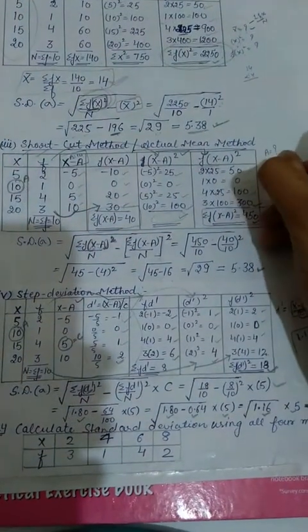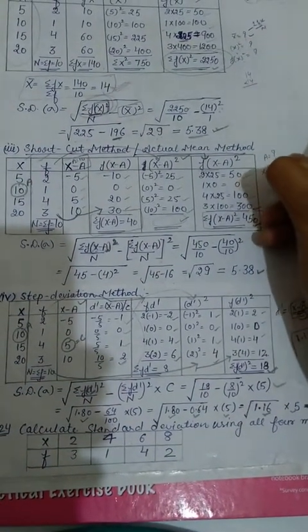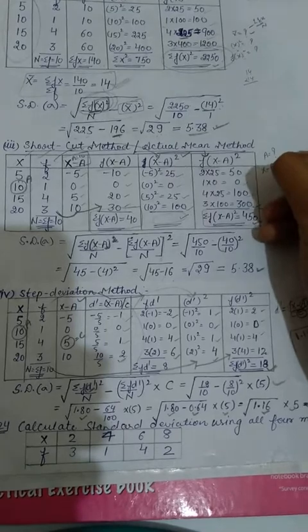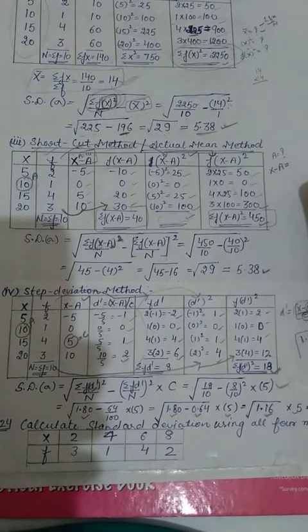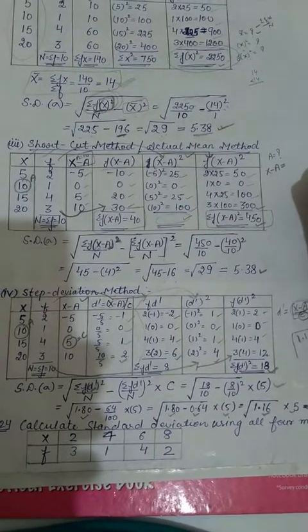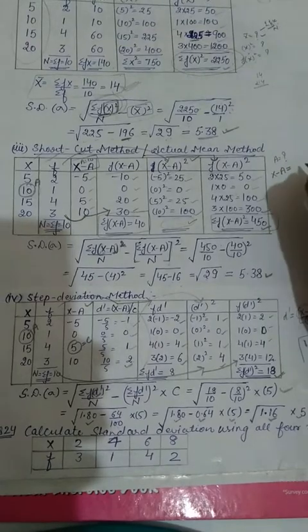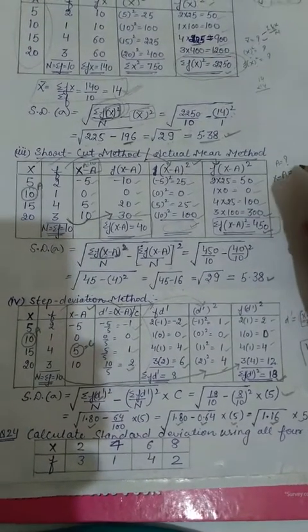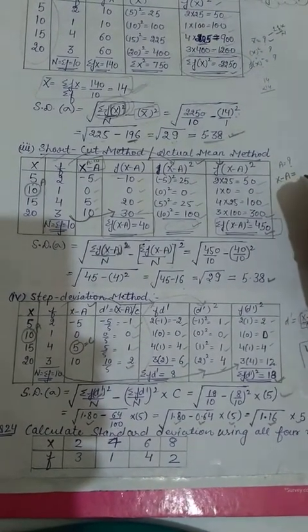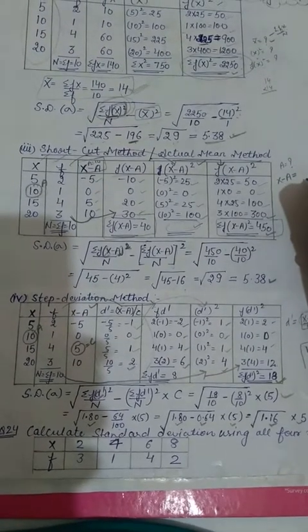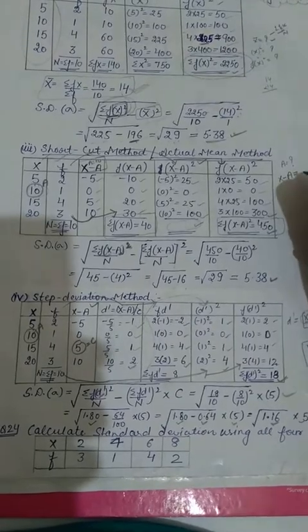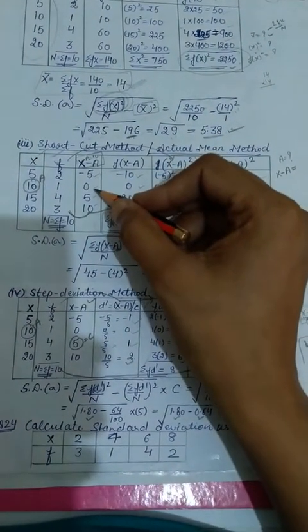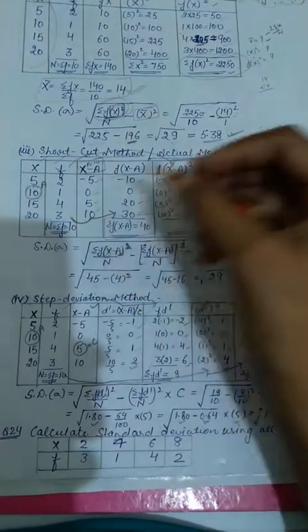Then you need x minus a, that is the deviation from a, and you will get these values: minus 5, 0, 5 and 15.